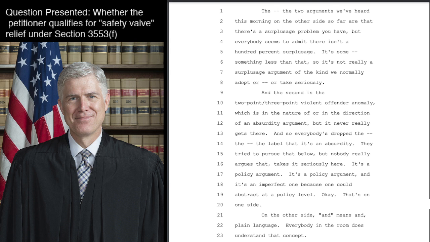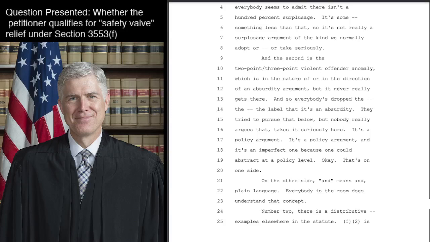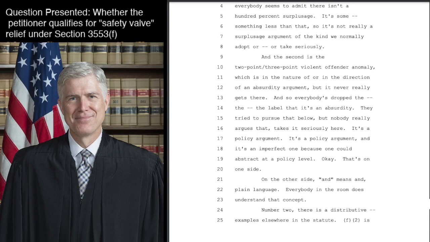And the second is the 2-point, 3-point violent offender anomaly, which is in the direction of an absurdity argument. But it never really gets there. And so everybody's dropped the label that it's an absurdity. They've tried to pursue that below, but nobody really argues that it takes it seriously here. It's a policy argument. It's a policy argument. And it's an imperfect one because one can abstract at a policy level.